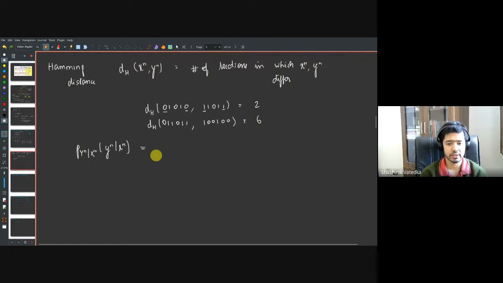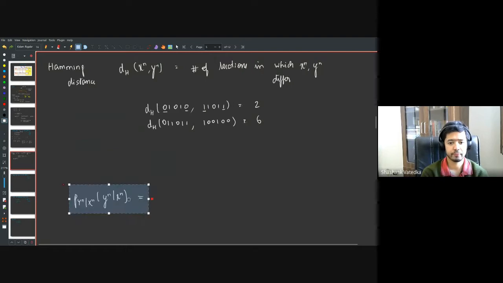It remains the same with probability 1 minus p. So maybe to take a very simple example, suppose that I transmit 0 1 1 as input. So input to the channel is 0 1 1. What is the probability of seeing 1 0 1 at the output?